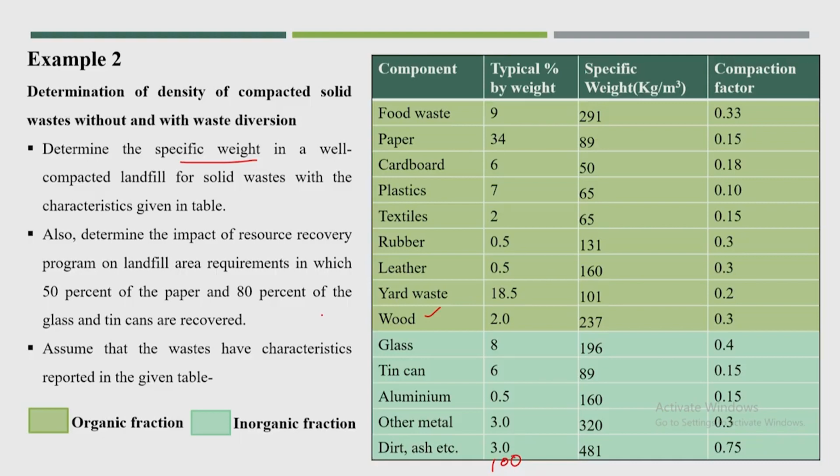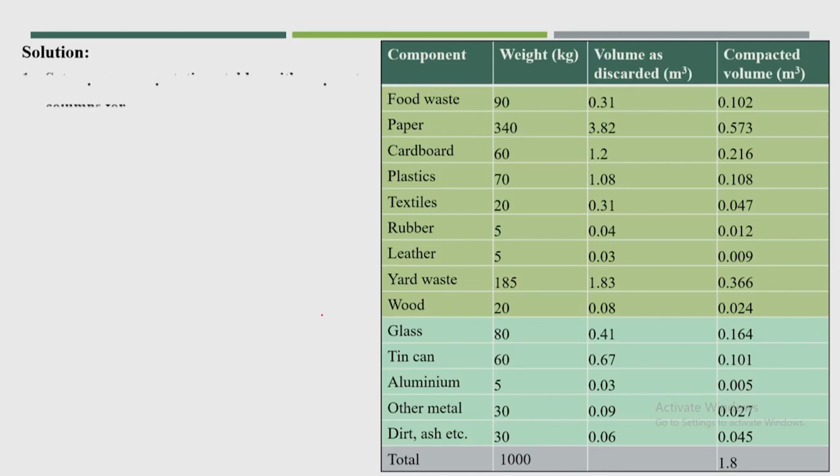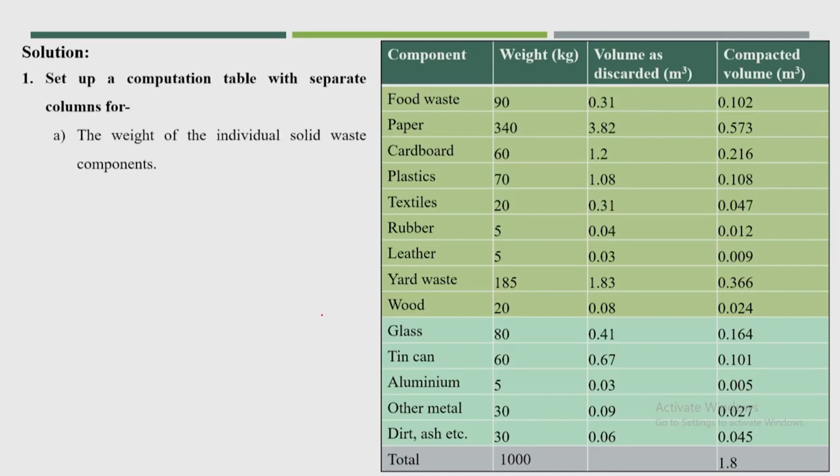First, we will take the weight of the waste. We will first calculate the weight of each individual solid waste component. Here I multiplied each percentage by 10, so the total quantity I assume is 1000.